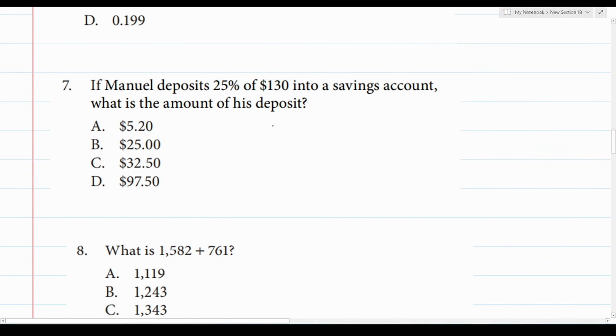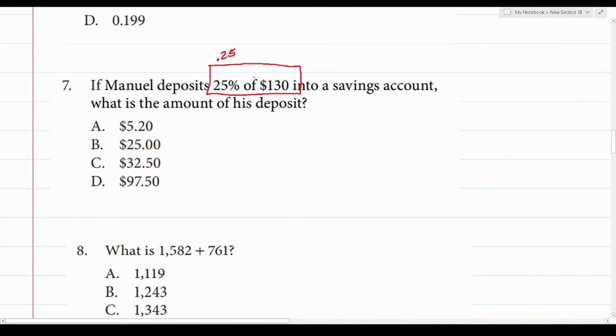All right, number 7 says, if Manuel deposits 25% of $130 into a savings account, what is the amount of his deposit? So in other words, we want to figure out what 25% of 130 is. And this right here tells you exactly what to do. 25% in decimal form is 0.25.